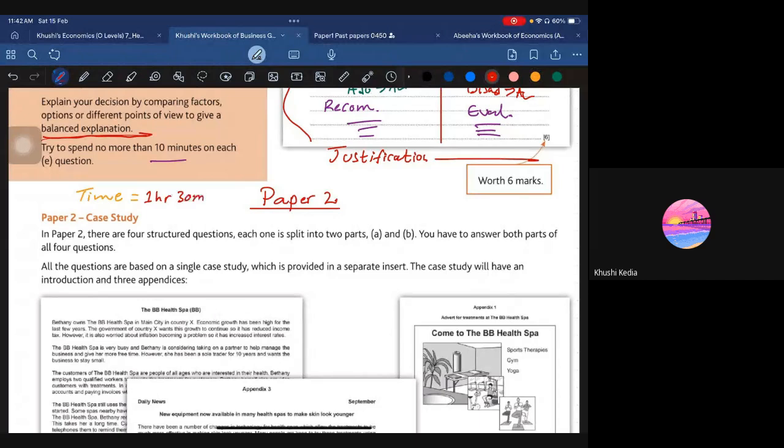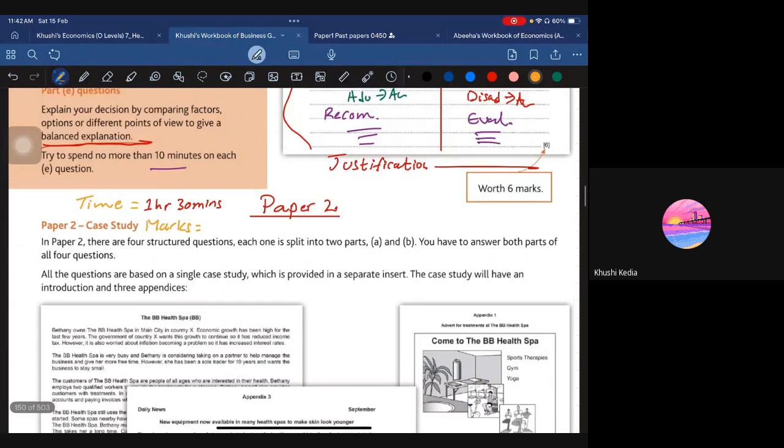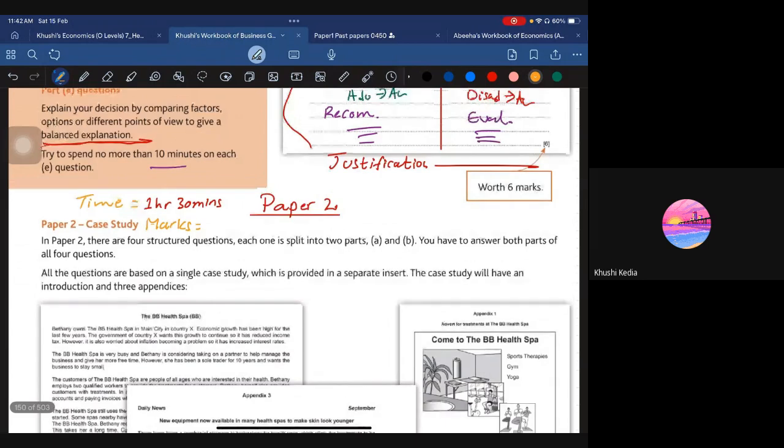And the marks? We have 8 markers and 12 markers, so each question is 20 marks in total. We have 4 questions, so that would be 80 marks. 8 and 12, 8 and 12.